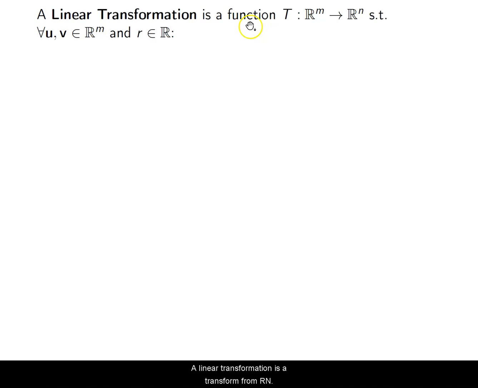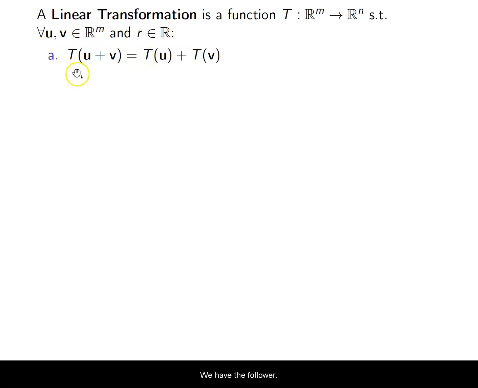a linear transformation is a transform from Rm to Rn such that for every vector u and v, so any two vectors that both have m entries each, okay, so they're in Rm, and a scalar, right, that's a real value, we have the following, okay?